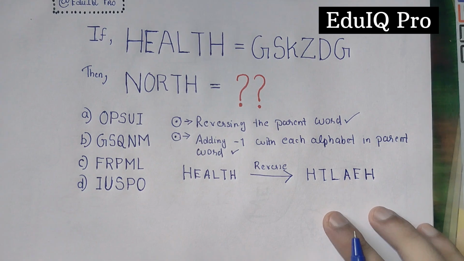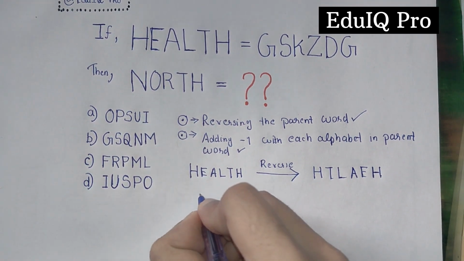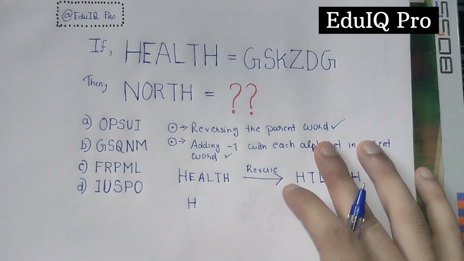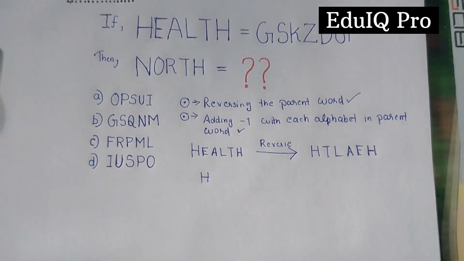Then the second trick is, after reversing we have to add -1 to each of the alphabets of the reversed parent word.